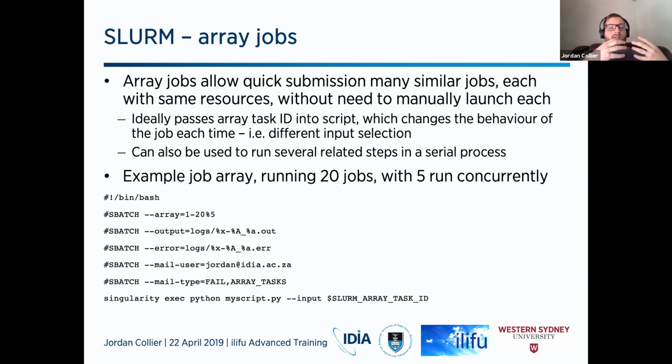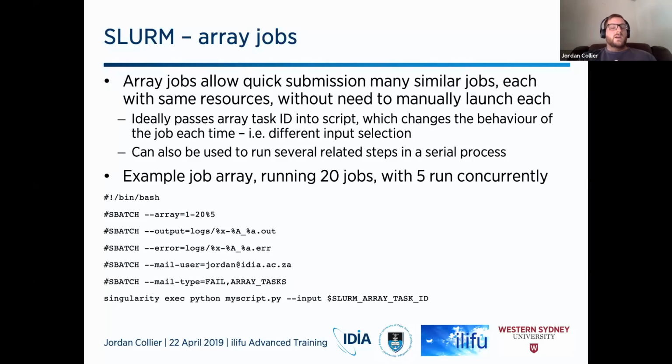Ideally, you'll pass in the array task ID. So this is the thing that iterates as you move through your job array. And you would want to pass this into whatever script you're executing, which would ideally change the behavior of the job that's run each time.